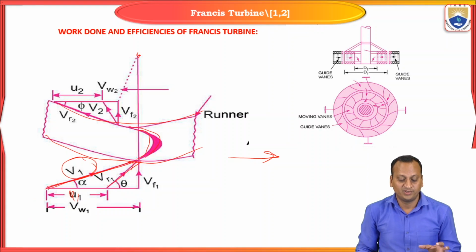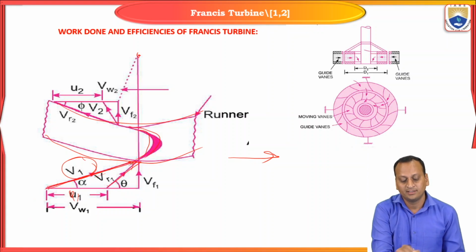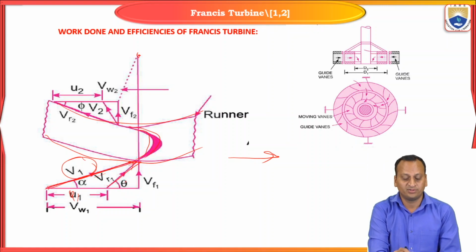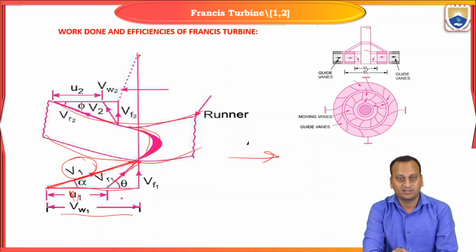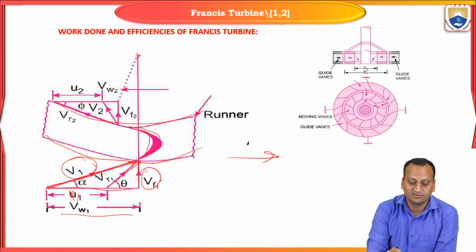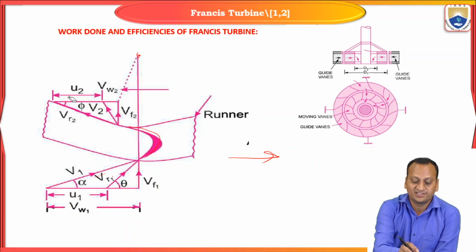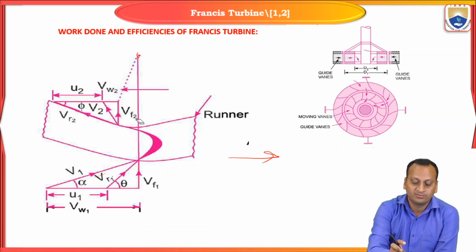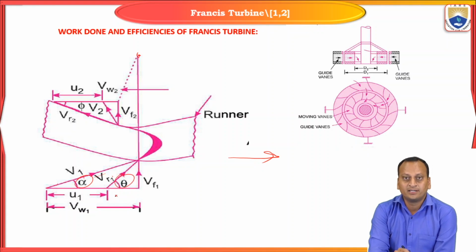If you resolve the inlet jet velocity into two components, the vertical line is known as Vf1, the flow velocity, and the horizontal line is known as the whirl velocity, Vw1. We have discussed these velocity components in previous classes. Alpha is the inlet jet angle, and theta is the inlet blade angle.